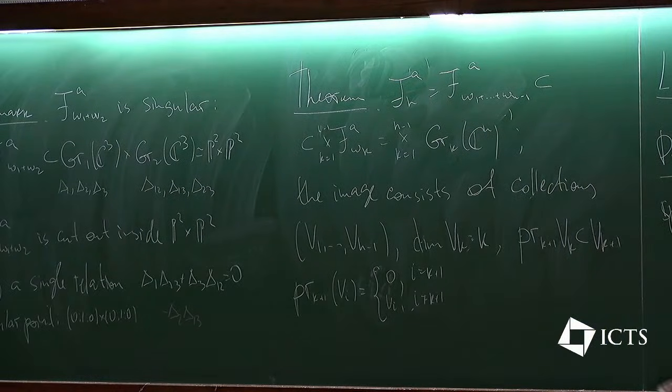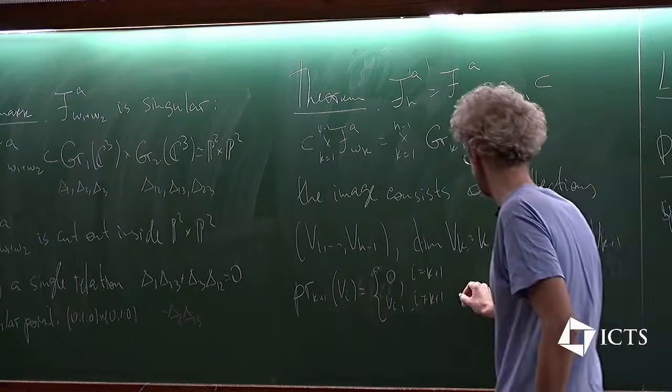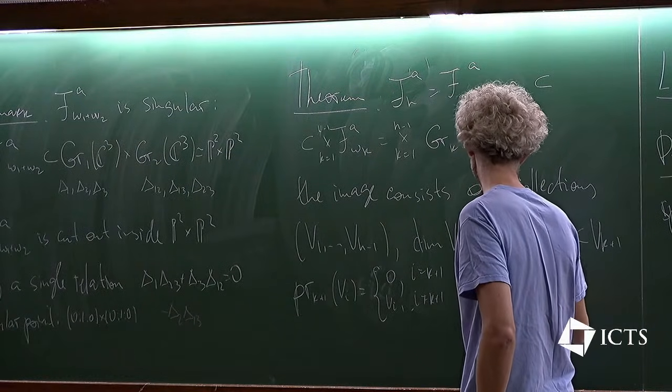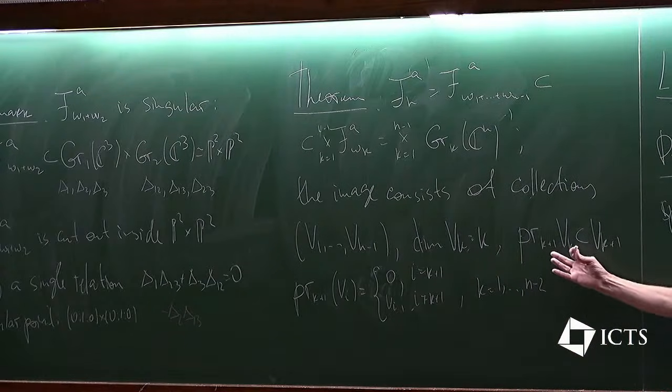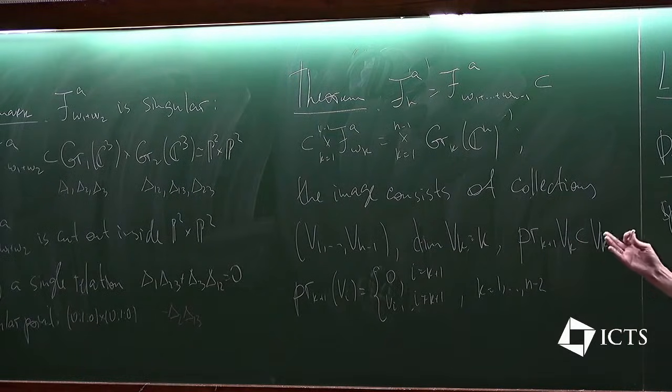So instead of having one operator, which was projection 2, we now have a bunch of operators, with k from 1 to n−2. So we somehow connect. The conditions are still local, meaning that we compare V_k to V_{k+1}. But this comparison is not just an embedding, as it used to be. We have to apply some operator, so we should transform this V_k before saying that it belongs to V_{k+1}.